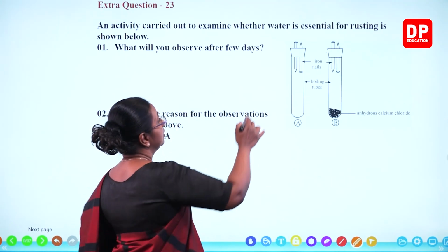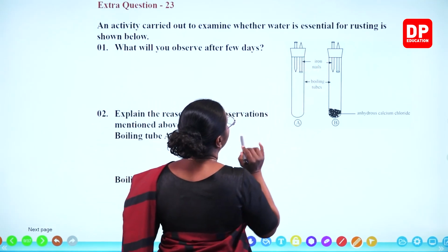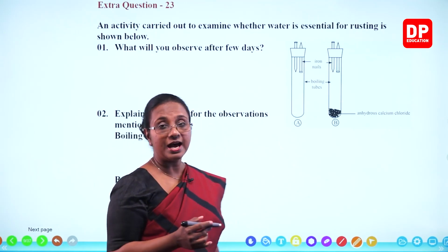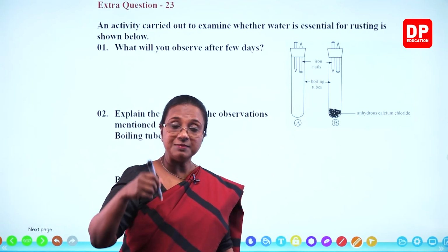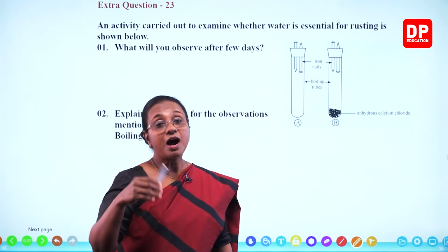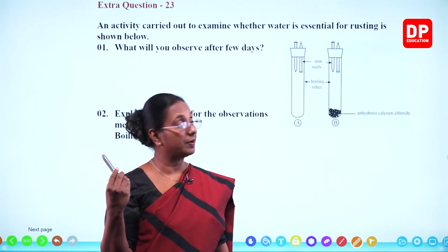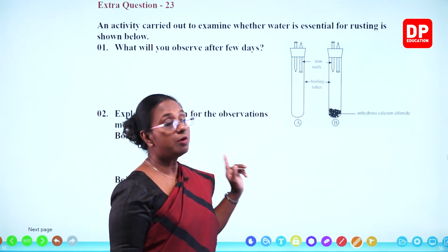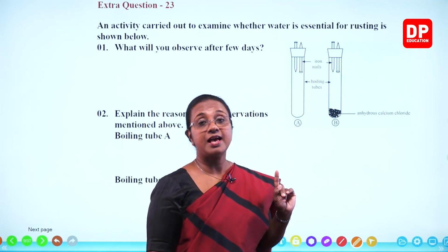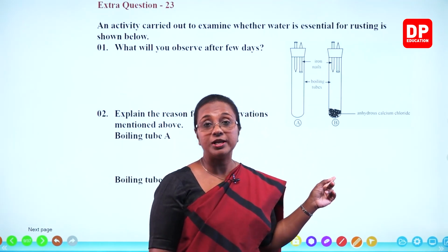And thereafter, you take rubber stoppers or cork stoppers and you fix the iron nails like shown in the diagram. One iron nail tip is inside the tube, whereas the other iron nail tip is out of the stopper. Same in both the boiling tubes. And then we take anhydrous calcium chloride into one boiling tube.